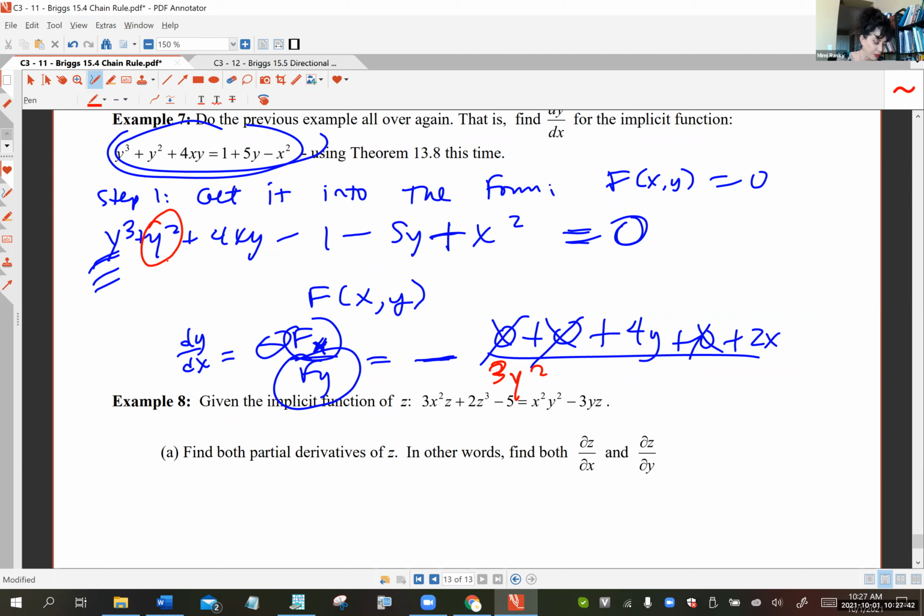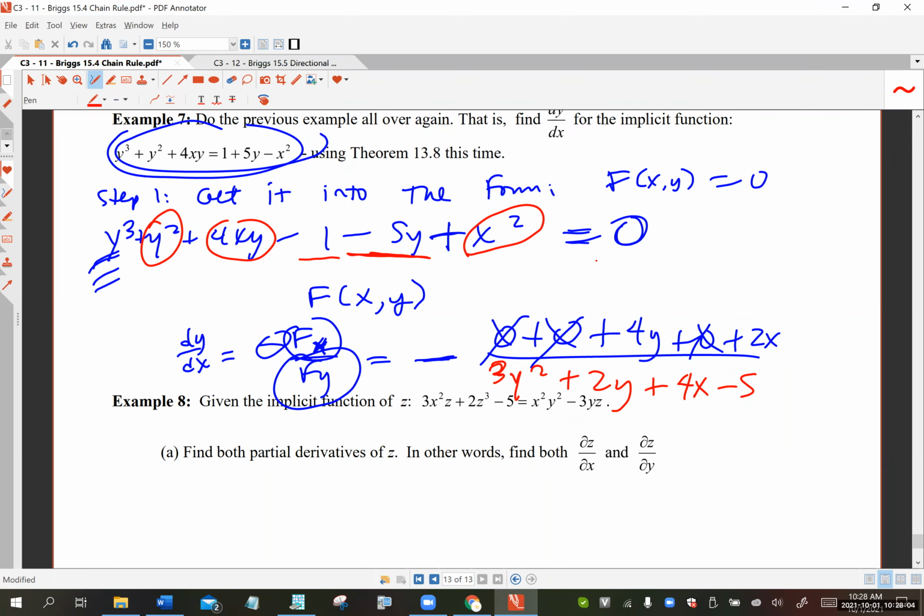How about y squared? 2y. How about 4xy? 4x. And minus 1, 0. How about minus 5y with respect to y? It's 5, with the minus. And how about x squared with respect to y? 0. Good. So we're done.